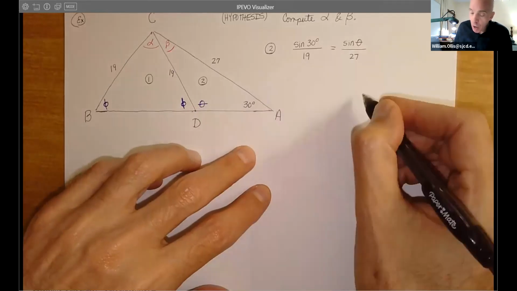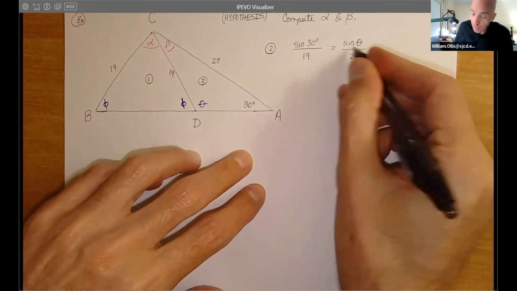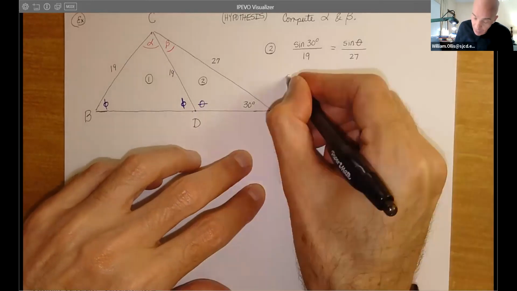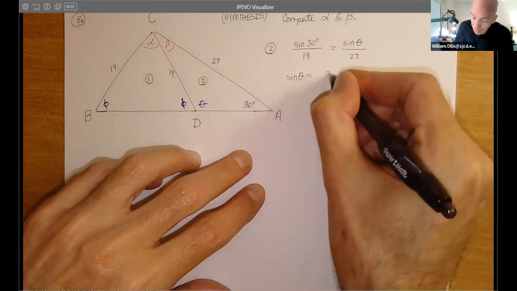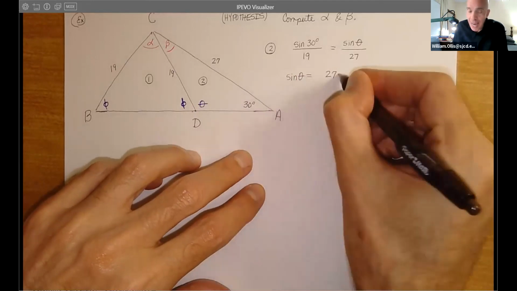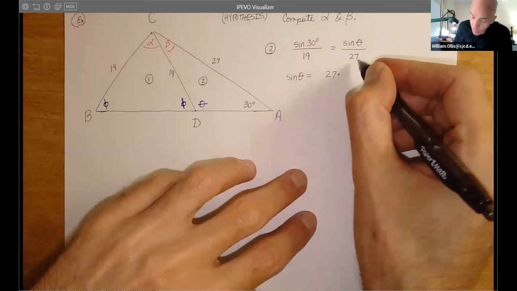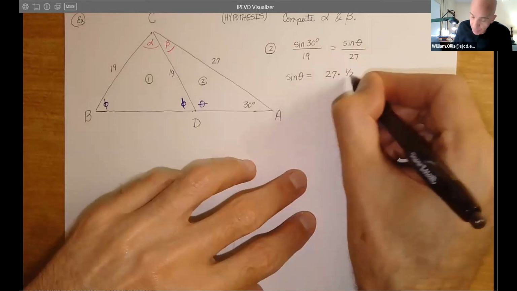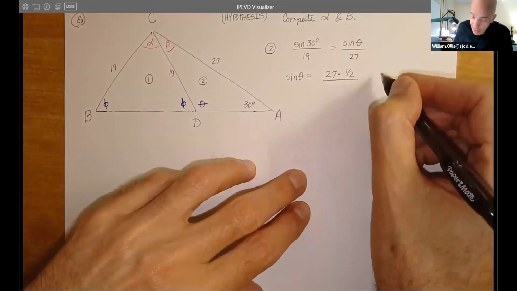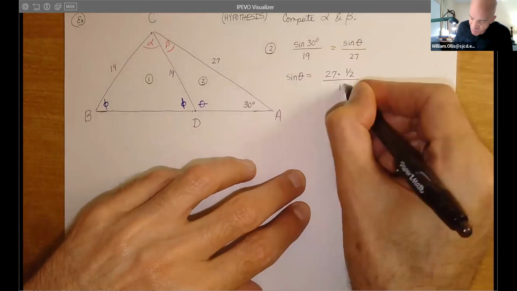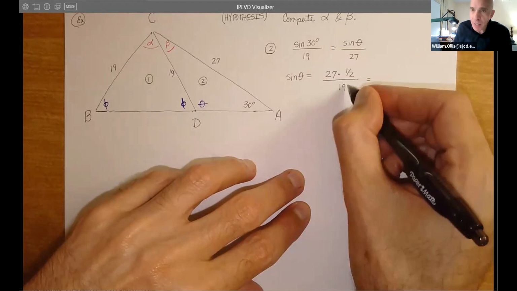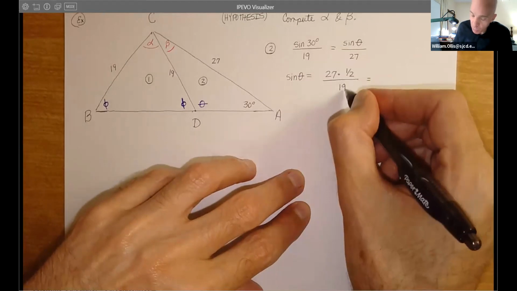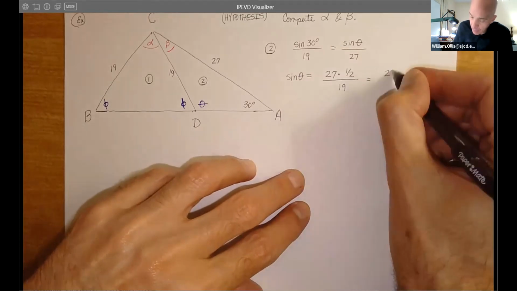Now we can solve for sine theta, which will be 27 times sine of 30 degrees, which is 1/2. Well, hallelujah, something simple for a change. And then divided by 19. Now we can bring the 2 downstairs and hit that with the 19. That'll give us a 38, right?